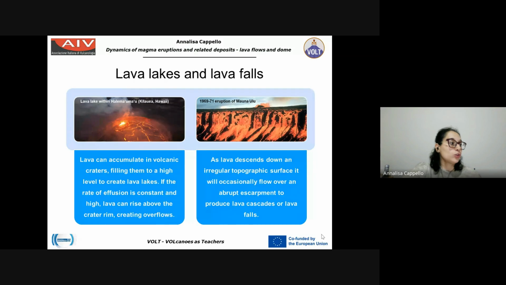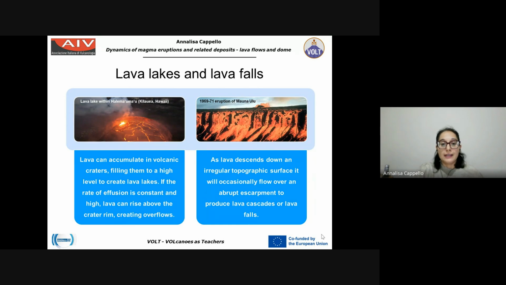It is not unusual for lava to accumulate in volcanic craters, filling the craters and generating what are called lava lakes. If the effusion rate is constant and high, the lava may rise above the crater rim and produce overflows, so the lava that goes through the flanks of the craters.